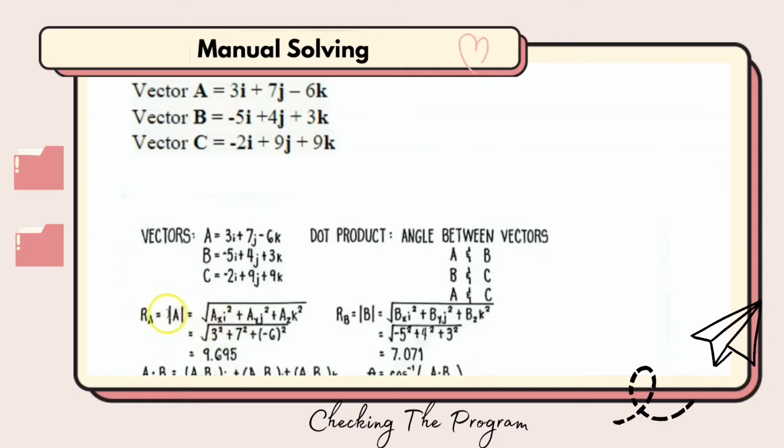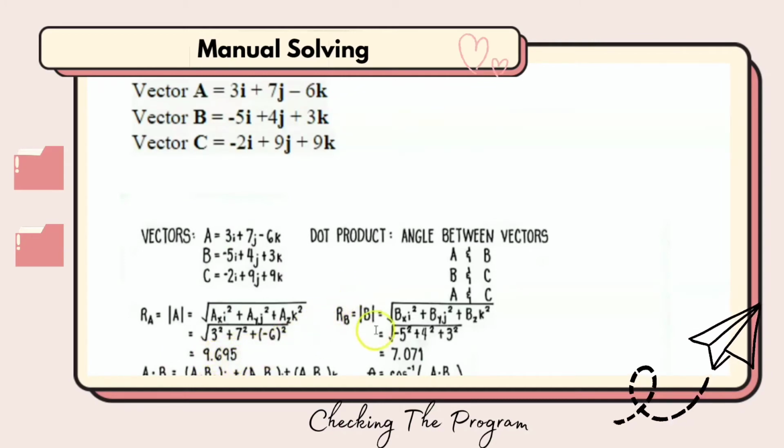In getting the magnitude of vector A, we will be using the Pythagorean theorem, where we square the givens and square root it. So this is the formula, and then just substitute those given numbers, solve it, and you'll get 9.695. Same as vector A.